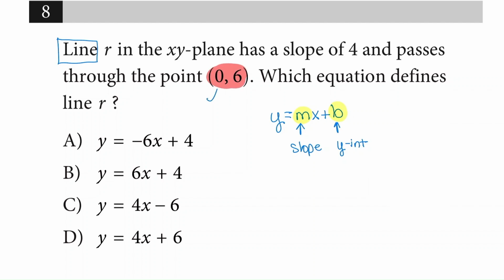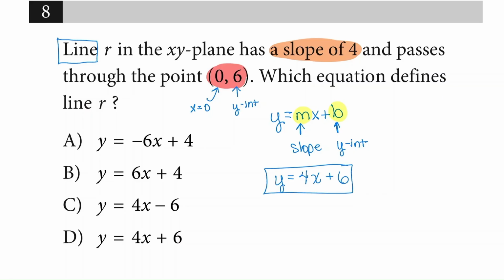Anytime that you have an x value of 0, you're going to have the y-intercept here. That's where the graph crosses the y-axis. Your slope is right here, and they're also telling you that you have a slope of 4. So what this equation is going to look like is this. Option D.